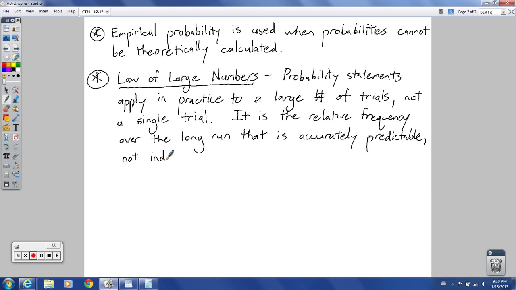Not individual events or precise totals.